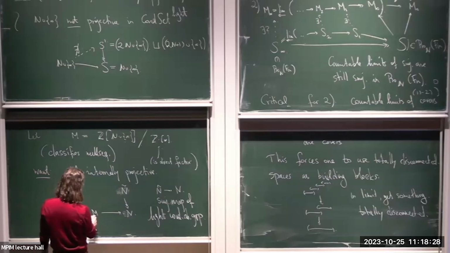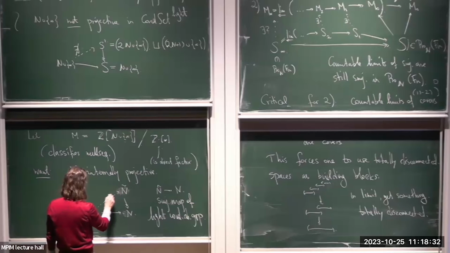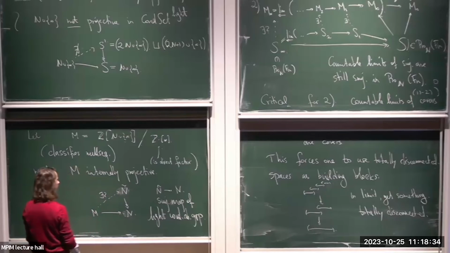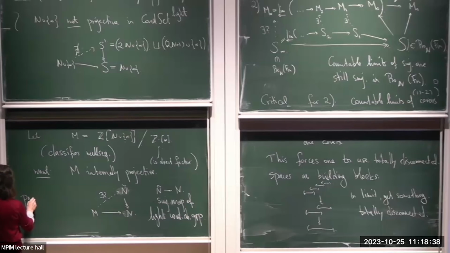And we have a null sequence in N. And we would like to lift this to N tilde. So this is the projectivity.